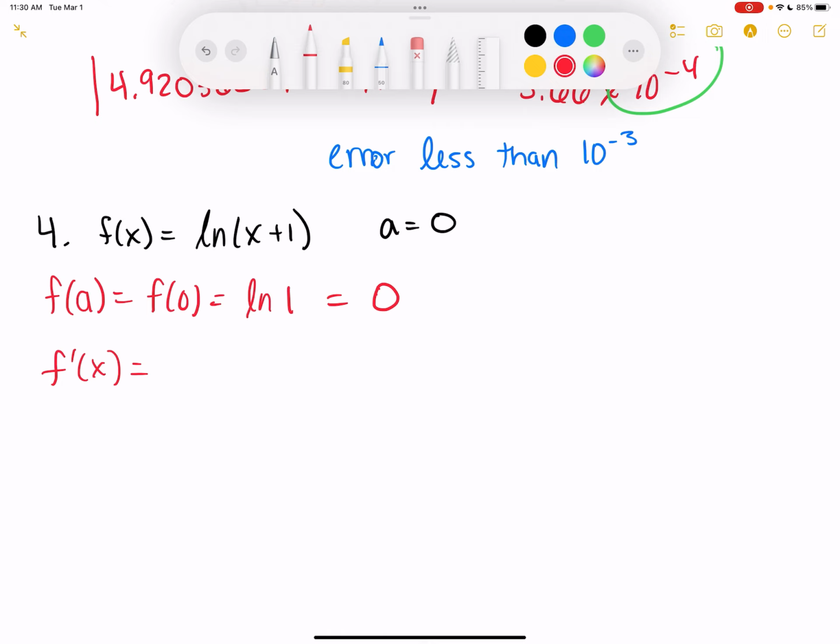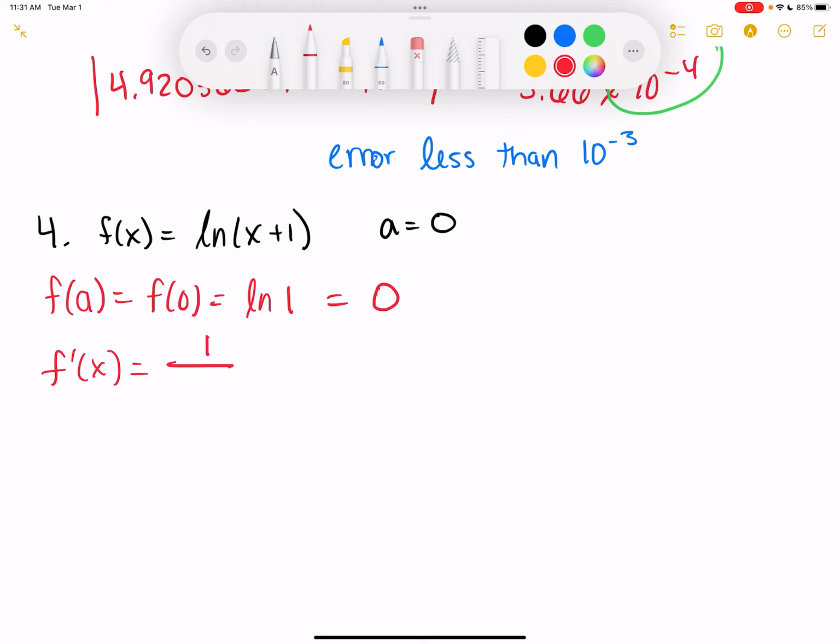Just 1 over something. It is 1 over something. Is this 1 over x? Nope. Not in this case.